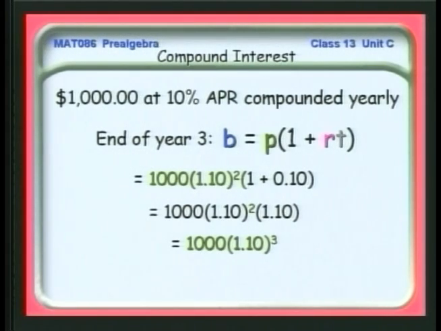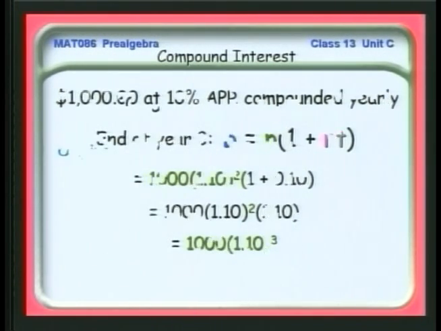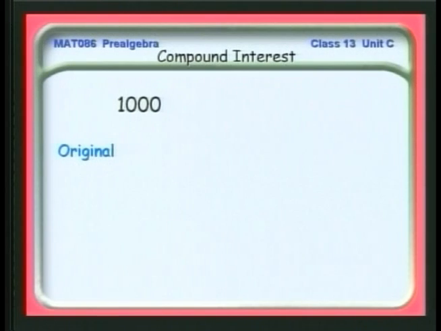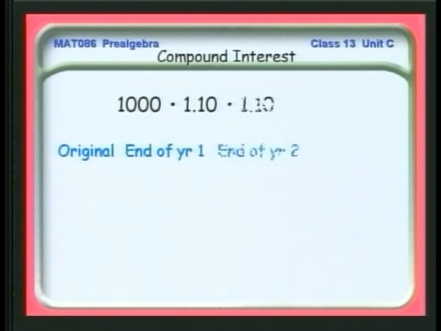You see, what happens is that factor, the 1 plus RT factor, gets put into an exponent depending on how many times it's compounded. Let's see if we can work that out. Again, just to review, at the end of the first year, we have 1,000 times the quantity 1.1. Then we have that quantity times another 1.1 by the end of the second year.